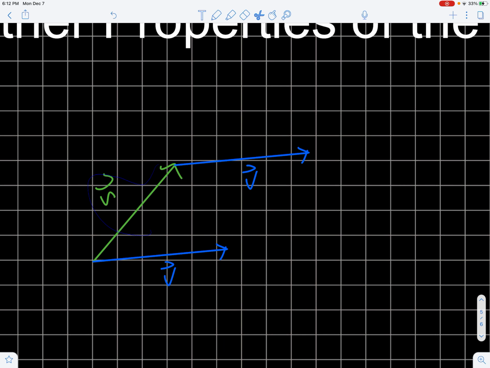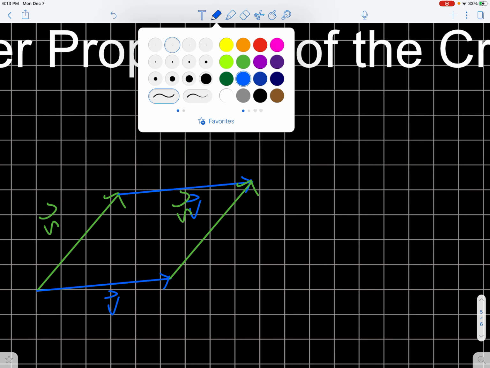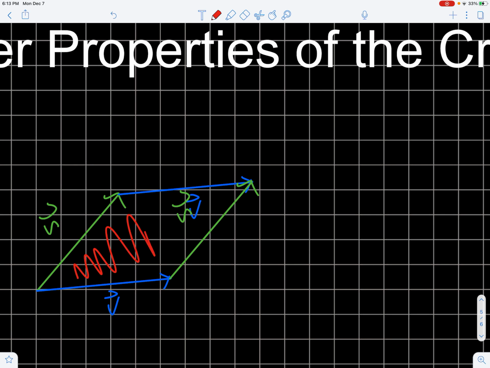We're gonna break out the old vector addition parallelogram. All right. So what is the area of this parallelogram? Well, first, what's the area of this triangle?